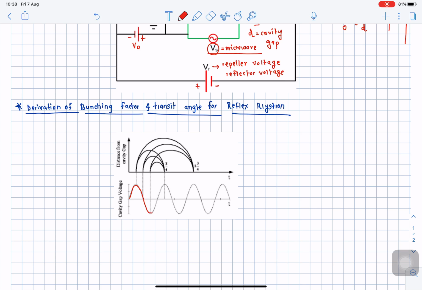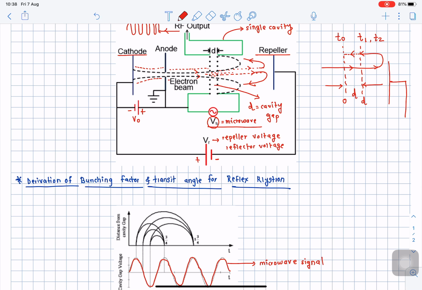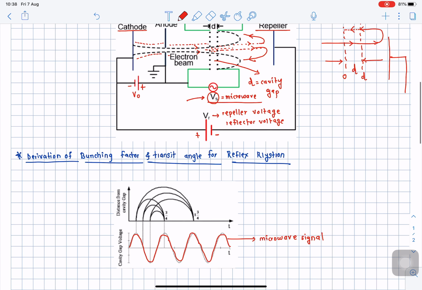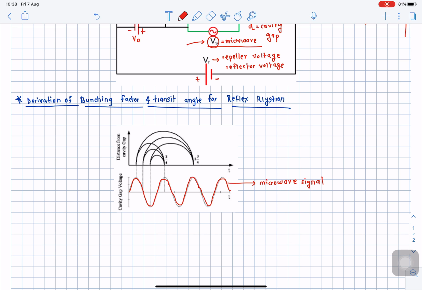This is our microwave signal, and it has a certain time period. Now this microwave signal we are applying at the cavity, and it is required in order to start the velocity modulation process in that single cavity.